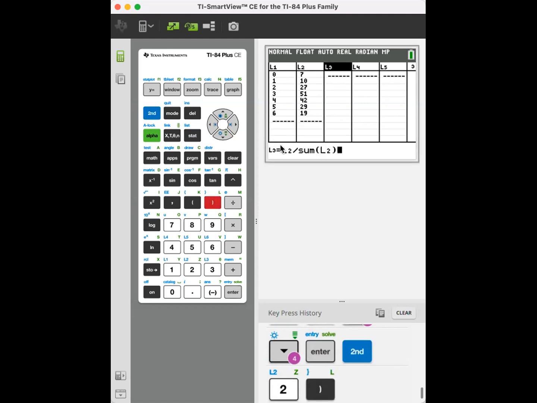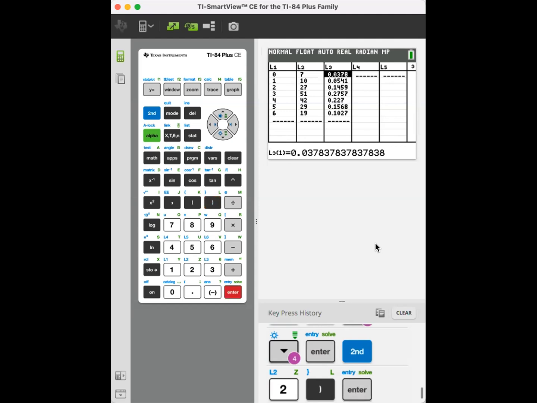So see, frequency divided by sum of frequency. You press enter, there we go. And then we'll round, okay? So there goes the table that we needed. And I'm going to switch back screen to my notes once again. Like I said, take your time, watch the video, and then do it.